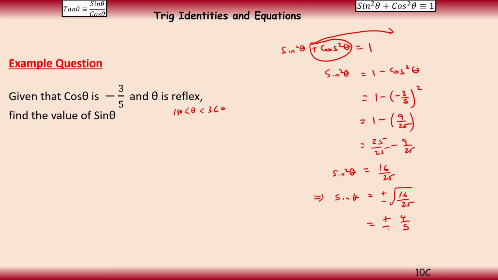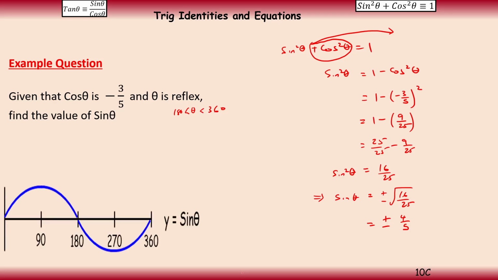Which one is it? Now I know that theta is reflex, so it's got to be bigger than 180 and less than 360. So if I sketch my curve like so, I know it's got to lie in this range here, anywhere from 180 to 360. So if I went for positive 4 over 5 or 0.8, that would be over here. That's 0.8. And it intersects the curve here and here. So that's no good to me.